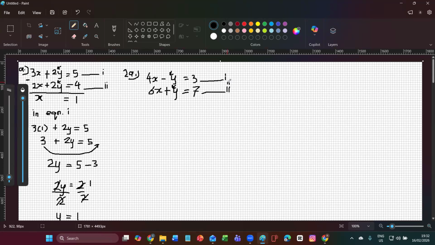Now, the difference between this number 2a and number 1a is the fact that the signs in front of the coefficients are different. Whereas the signs in 1a were plus plus, here the signs are minus and plus. So whenever you have that kind of arrangement where the signs are opposites, all you need to do is to add them. Did you get that?